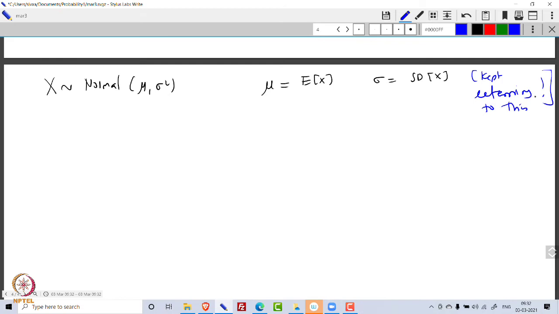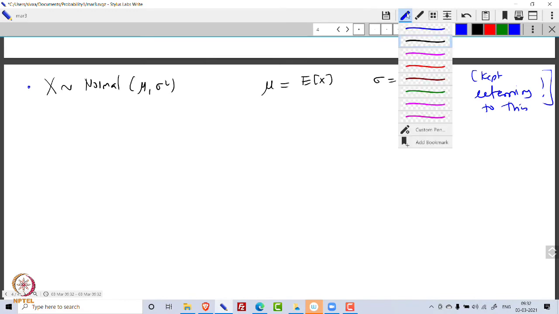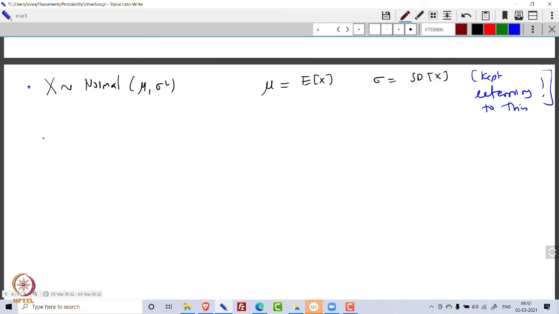Let's show that the expected value of x is indeed going to be mu, and sigma is indeed going to be the standard deviation. So to do this calculation, maybe I'll try it as example 6.1.11 in the book.